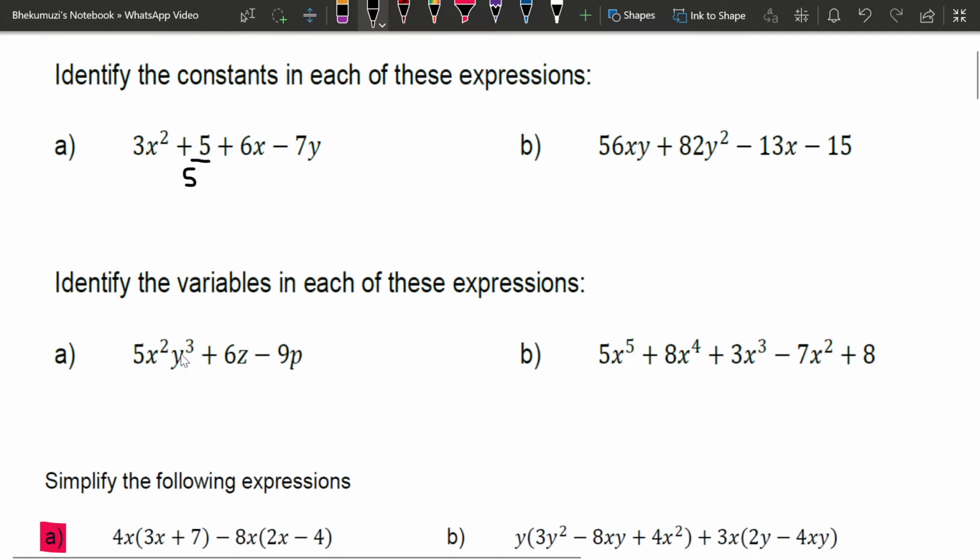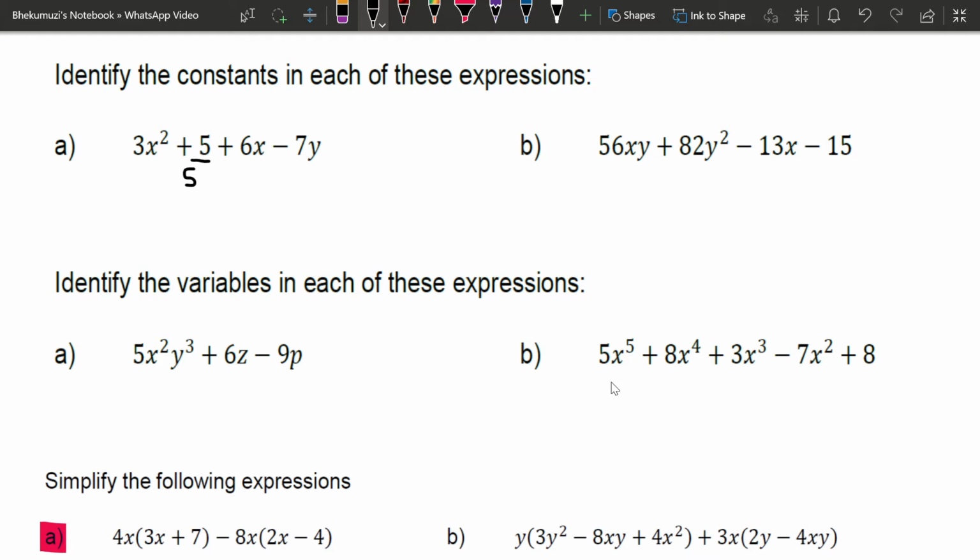And then the next question says identify the variables in each of these expressions, right? Again, what are variables? They are alphabetical letters that signify any possible number that you could choose. So in this case, you have x squared, y to the power 3, z, and p, which are variables.